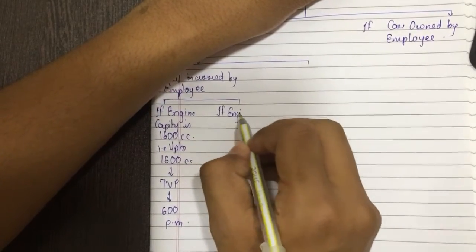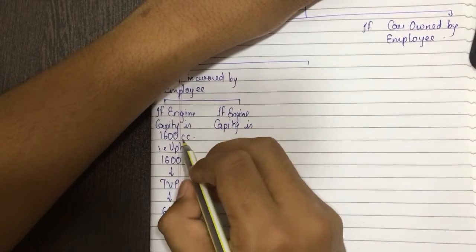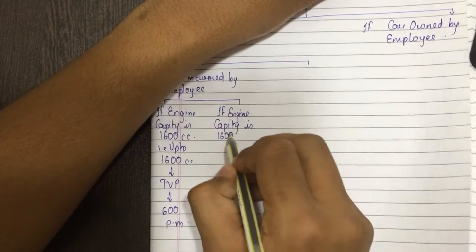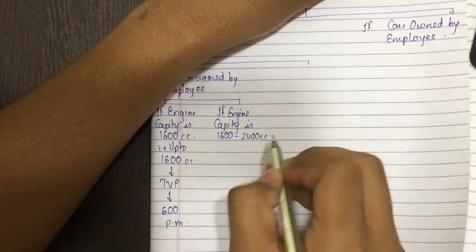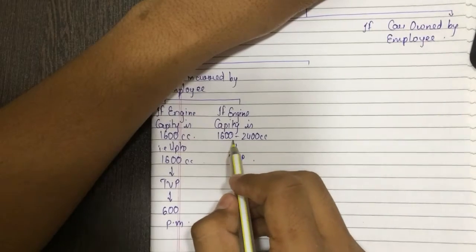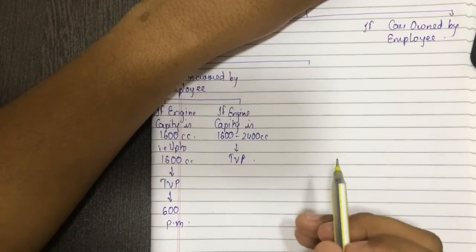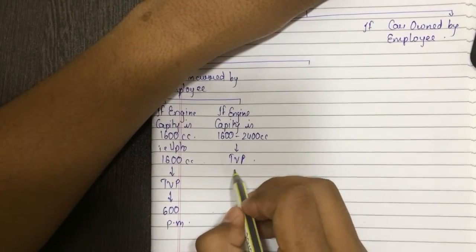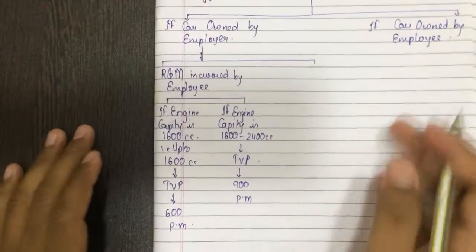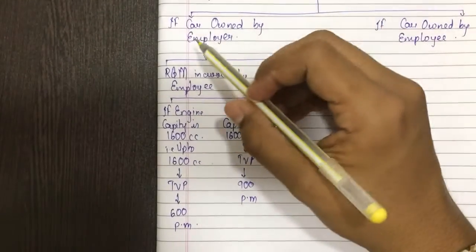If engine cubic capacity, cc means cubic capacity, is more than 1600 and up to 2400 cc, or equal to 2400 or more than 2400, whatever the case is, the taxable value of perquisite will be 900 per month.